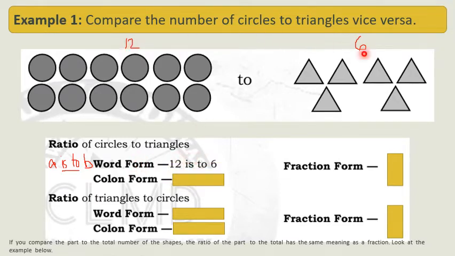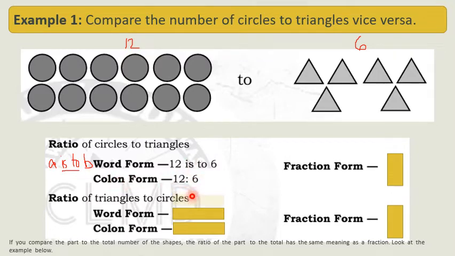Kasi circle muna unahin natin. So, circle to triangle, 12 is to 6. So, ito lang po siya. So, pag word form, gumagamit tayo ng word na is to. Ngayon, pag column form, etong is to ay papalitan natin ng colon. So, kasi dito sa una, gagamit tayo ng word mismo. Dito, pwede na natin gawin siyang colon.